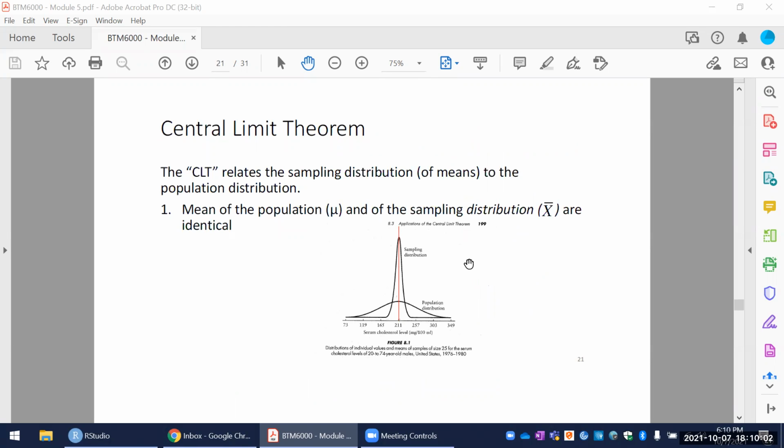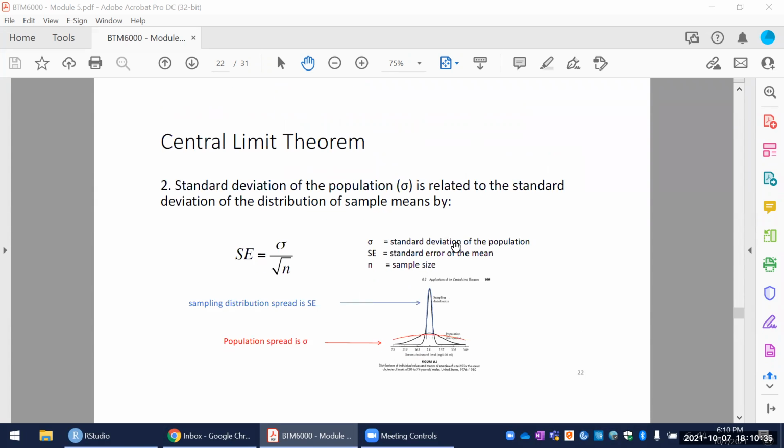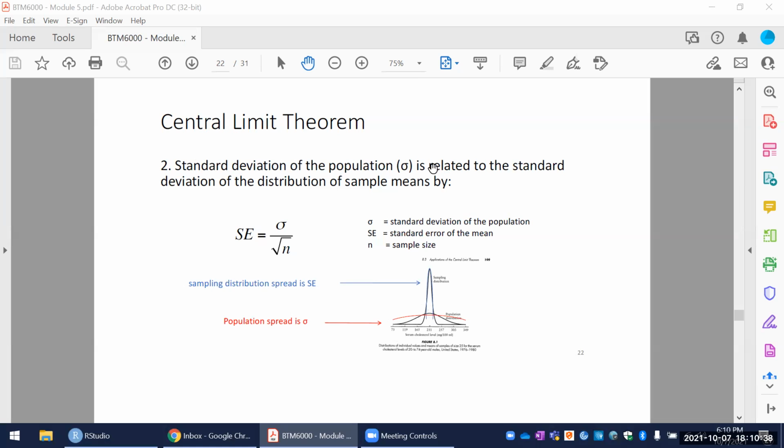This relationship between the sampling distribution and the population distribution is described by the so-called central limit theorem. The central limit theorem dictates that the mean of the population and the mean of the sampling distribution are identical. This is one of the most important concepts in basic hypothesis testing statistics. The central limit theorem also says that the standard deviation of the population has a relationship to the standard deviation of the distribution of the sample means.